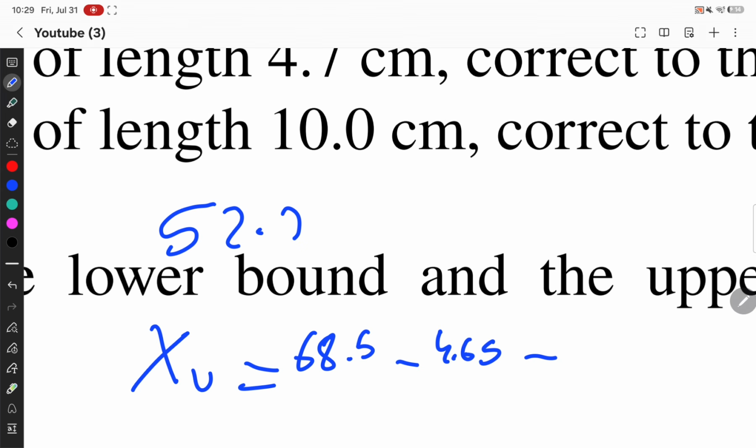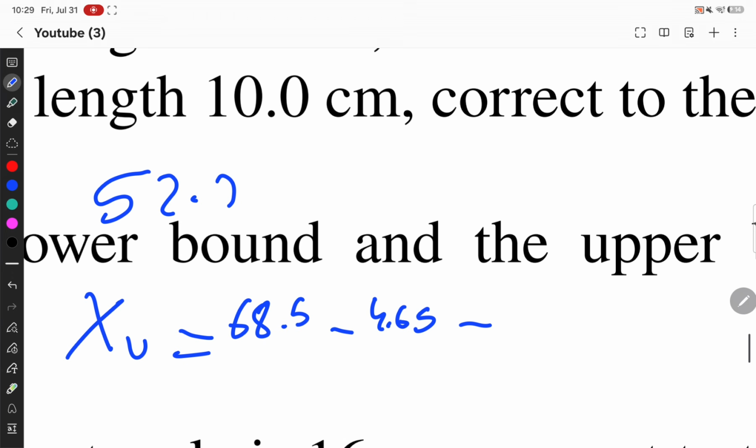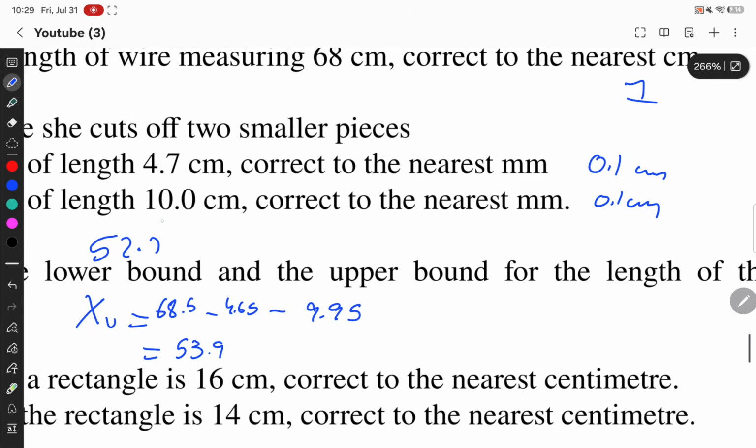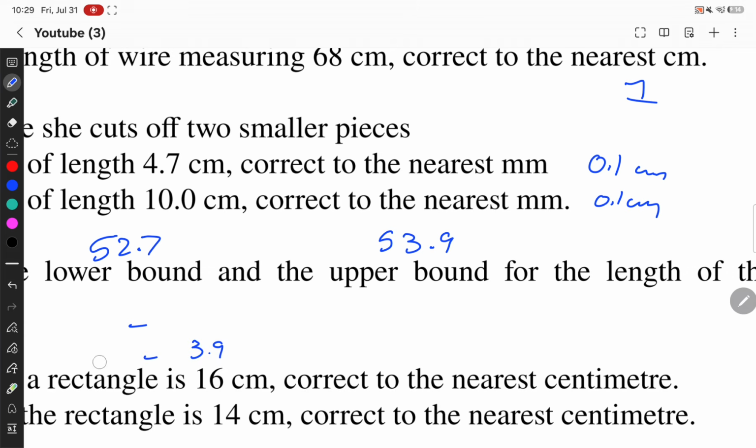And this is 9.95. We get the value 68.5 minus 4.65 minus 9.95, 53.9. Nice. Now it looks correct. Yay.